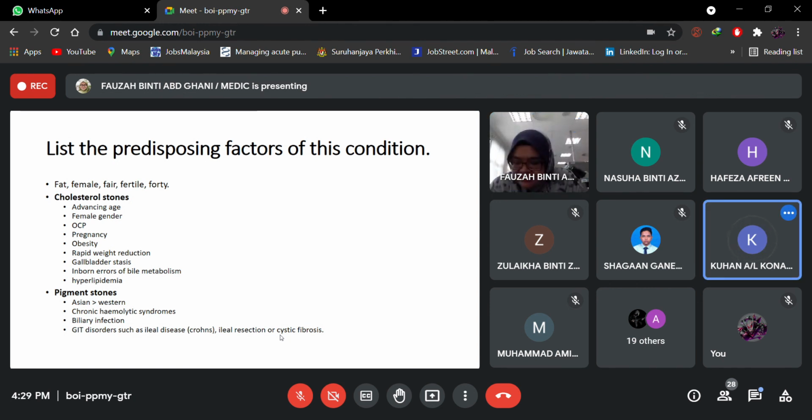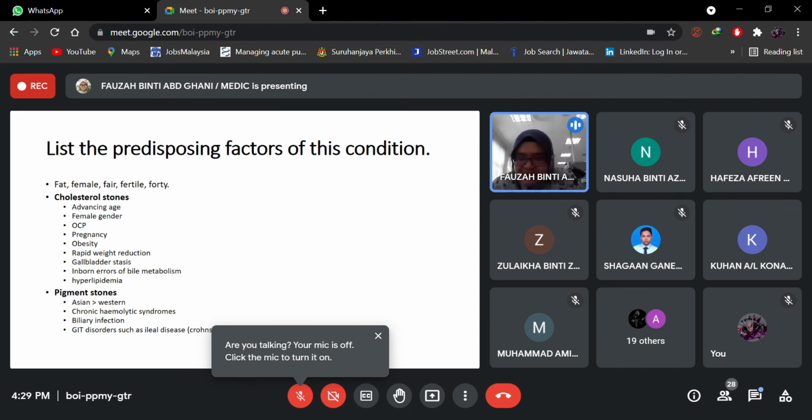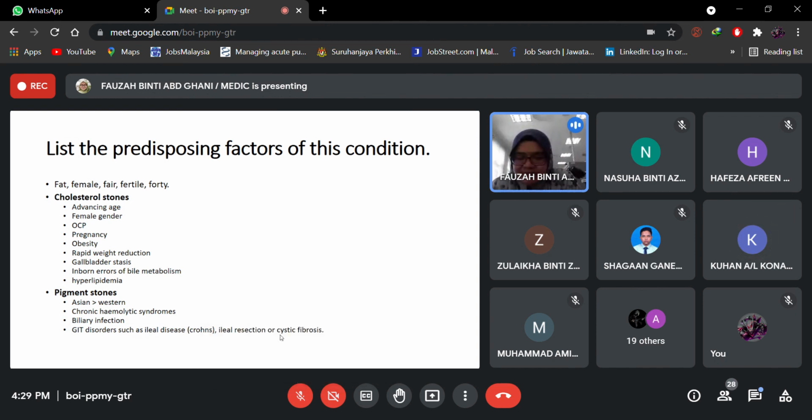Cohen. Cohen, okay. So Cohen, can you elaborate a little bit more? Not just listing, but can you explain a little bit more? So like pancreatitis happens when this gallstone formation will block the secretion from the pancreas to go out. So it will cause inflammation of pancreas.